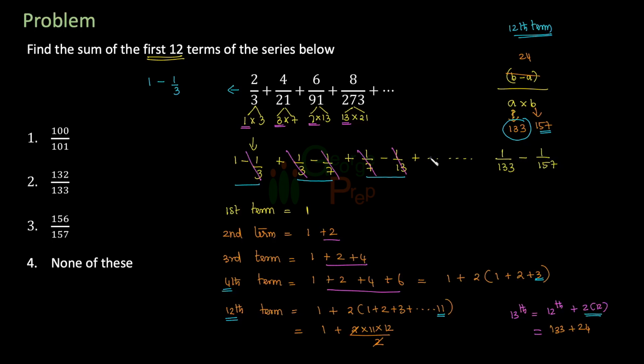So when these things start getting cancelled, for the first term, the minus part got cancelled. So for the last term, the plus part will get cancelled, right? So the whole thing can just be simplified as 1 minus 1 by 157. Okay, so if I simplify it, I'll get 156 by 157.